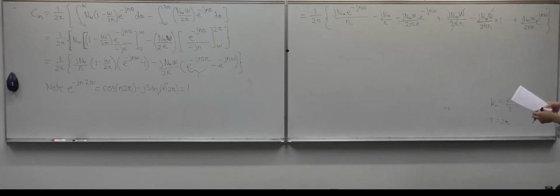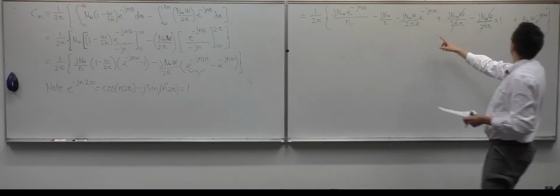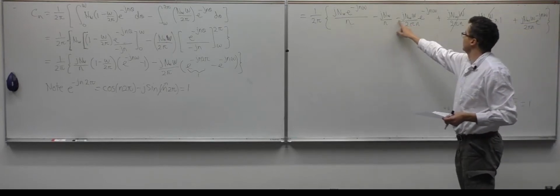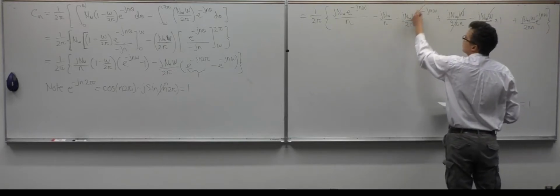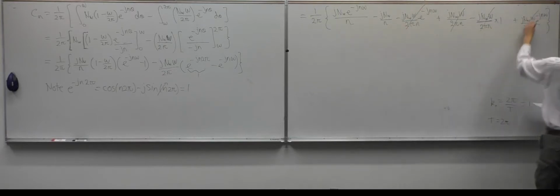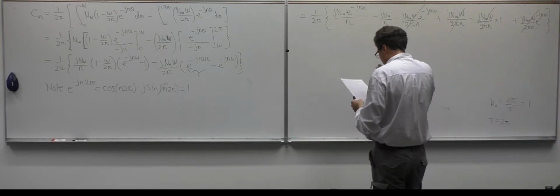And then this is j n sub w big W over 2 pi n, it's the same, but there's a minus in the front. So these two go away as well. And so it simplifies down nicely.